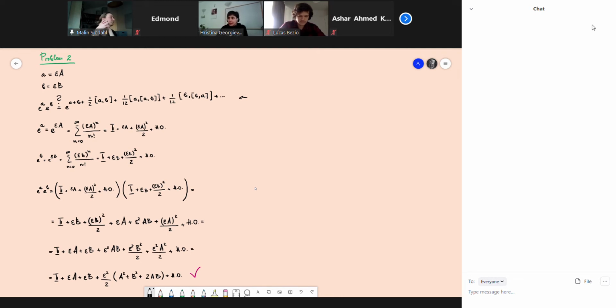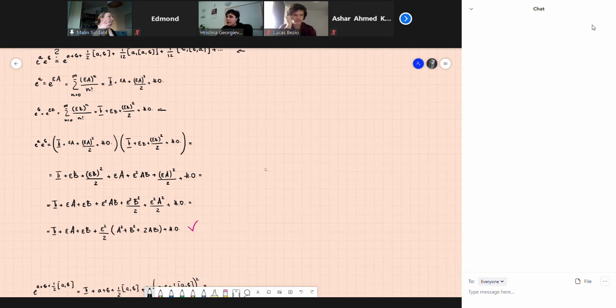So we start off with the identity plus the usual exponential expansion to order epsilon squared plus some higher order terms. And we do the same for e to the power of B as well. So we again expand it in the exact same way over here. Then we multiply both things, e^A and e^B, and see what we get.